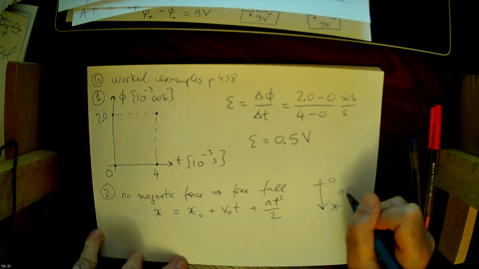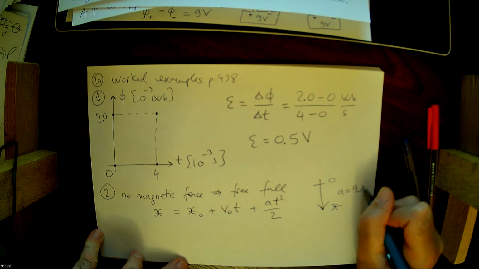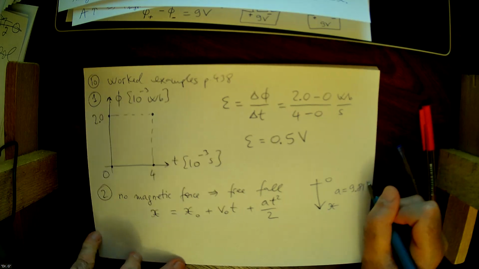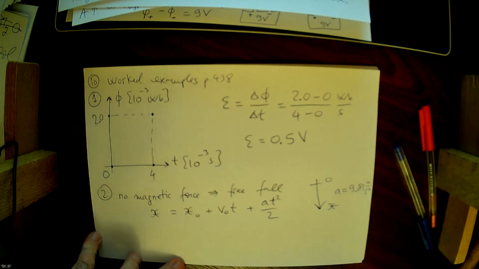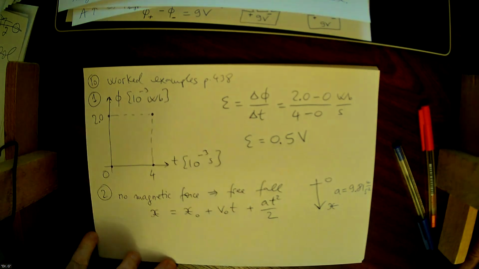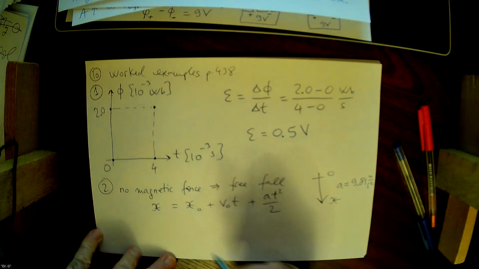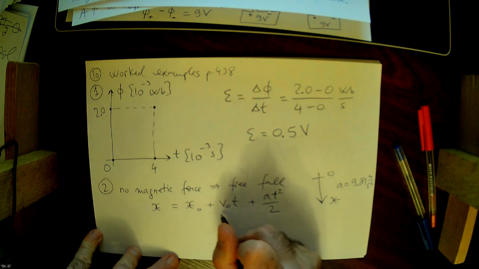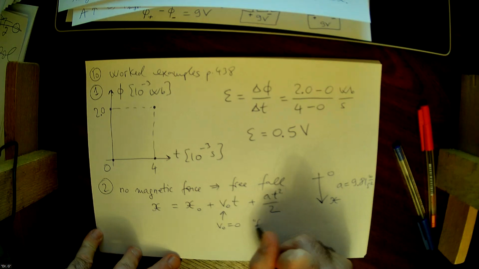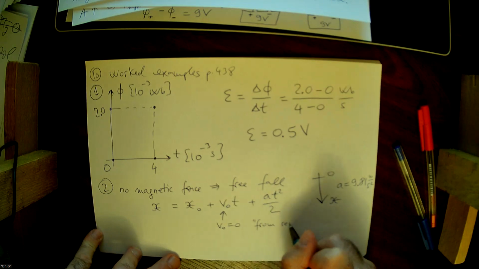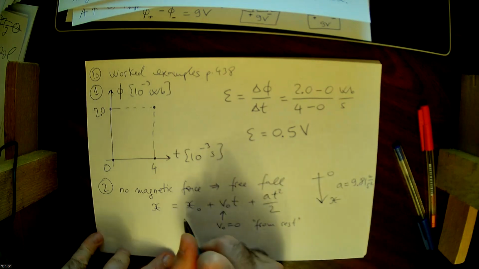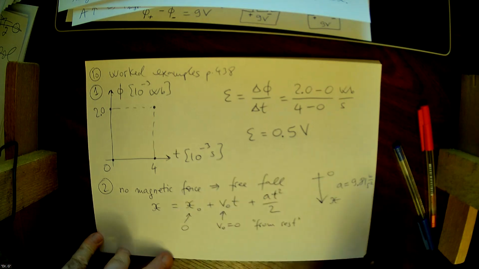So the acceleration is positive 9.81 meters per square second. And they are dropped from rest. That means v0 is 0, yeah, from rest. And x0 is 0 by choice.